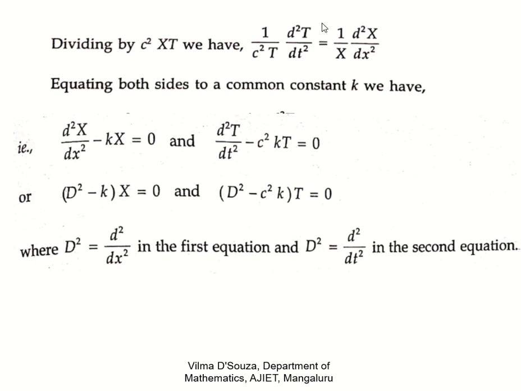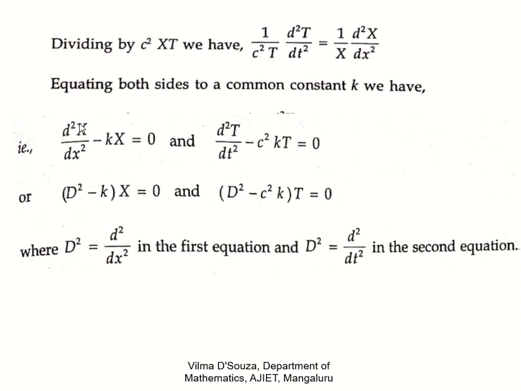Now since these two are equal, and the left hand side is a function of t while the right hand side is a function of x, both are equal only if they are equal to a constant k. So you equate both sides to the constant k, that is 1/X d²X/dx² is equal to k, and 1/(c² T) d²T/dt² is equal to k.